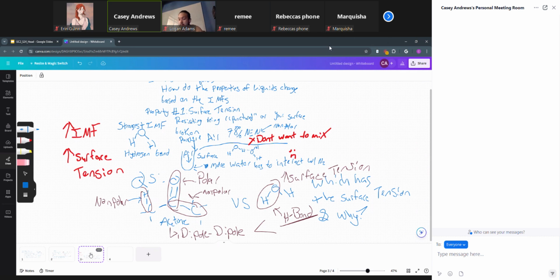That being said, I wouldn't give you the question of here's two things hydrogen bonding, which one has the highest surface tension. I'm more interested in, do you know what a hydrogen bond looks like? Do you know what a dipole-dipole looks like? If you get to higher levels of chemistry, that's when that stuff comes into play. Right now, we're just looking at the intermolecular forces.